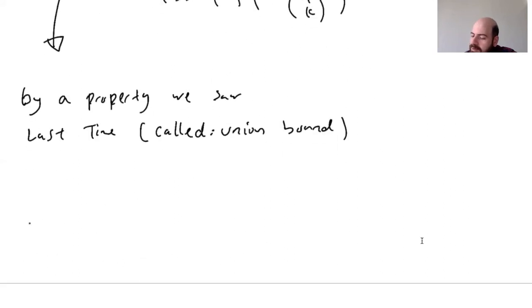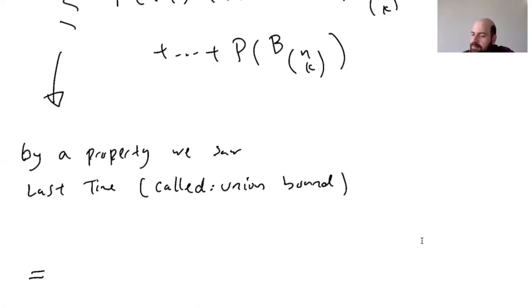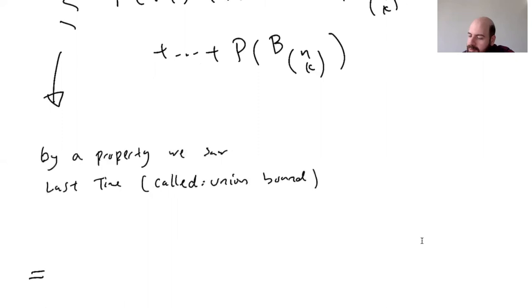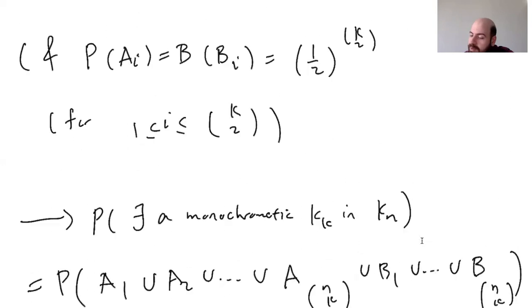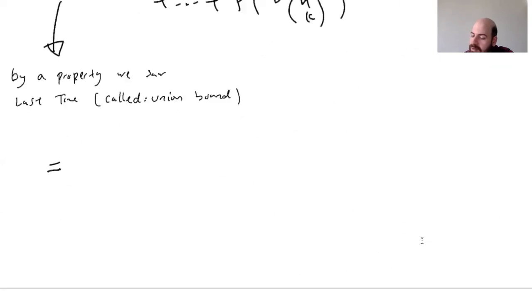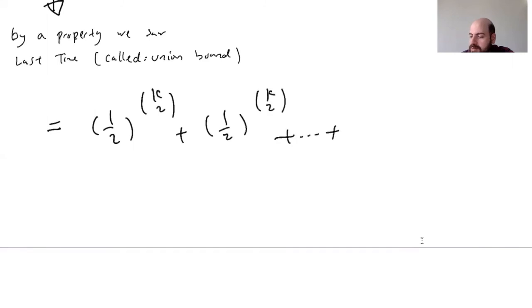And we know that each of, okay, so let's simplify this. And then this one is equal to, what was P of Ai and P of Bi? Each of them was 1/2 to the power k choose 2. So 1/2 to the power k choose 2 plus 1/2 to the power k choose 2, then plus 1/2 to the power k choose 2.